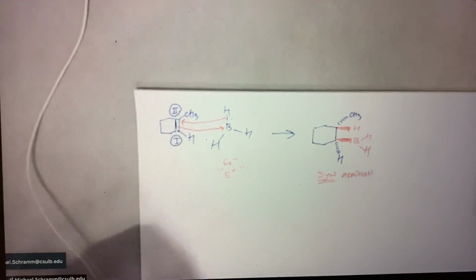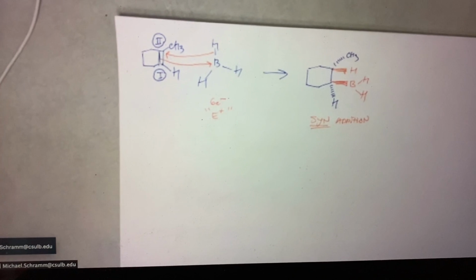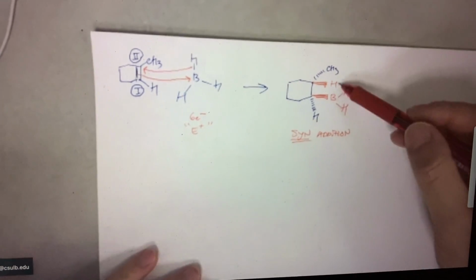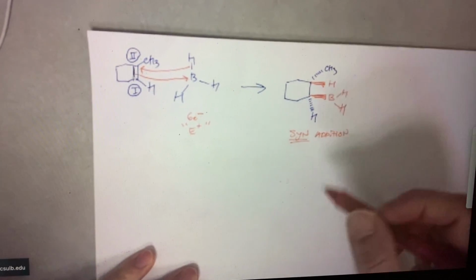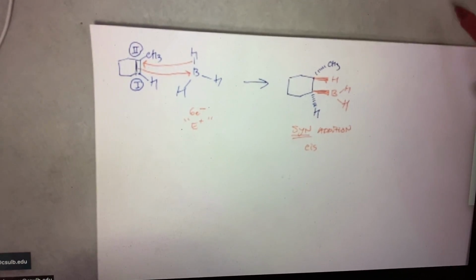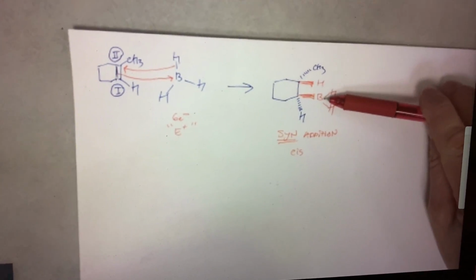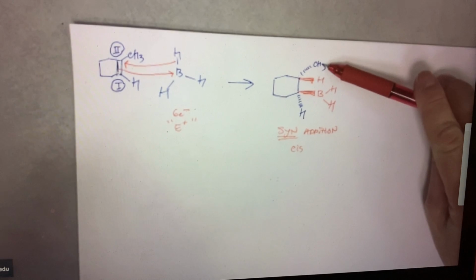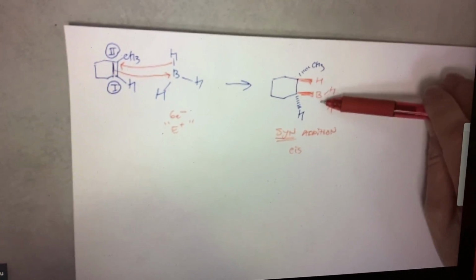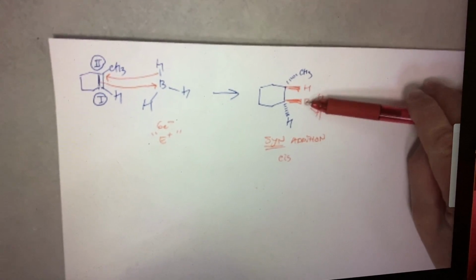Notice how both groups that went on in this step went on with syn addition. What's the stereochemistry of these newly added things? Stereochemistry of these two groups is cis, if we're referring to this group and this group. Cis is a relative term. We could talk about this boron here and this methyl group here. Those would be trans to one another, but the things that I've added have gone on with cis stereochemistry.